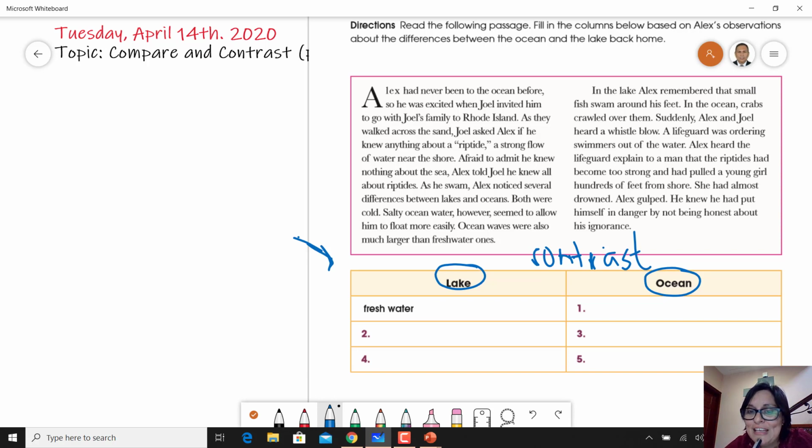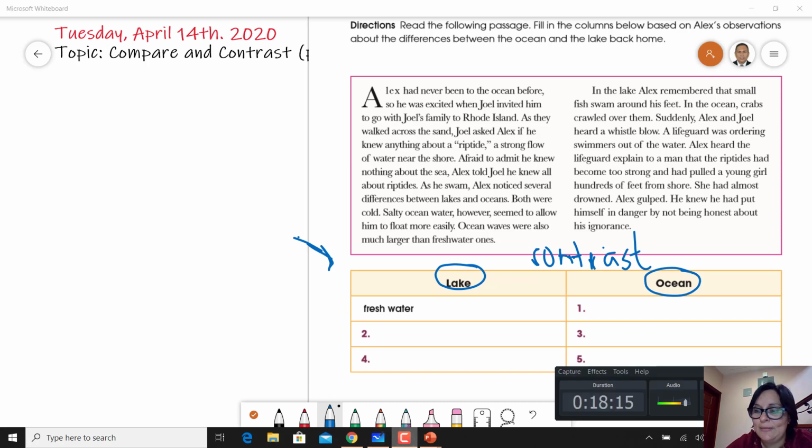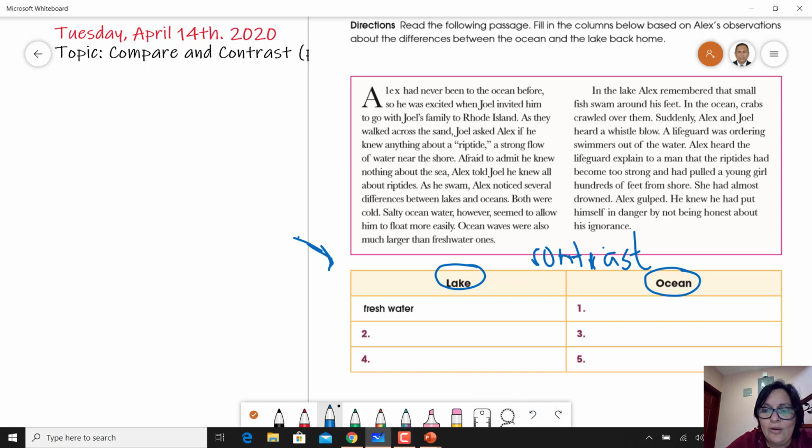What else can we find about the lake and ocean? What another difference can we find about lake and ocean? Okay, I want you to read this. Ocean waves were also much larger than freshwater ones. So the waves of the ocean were larger.